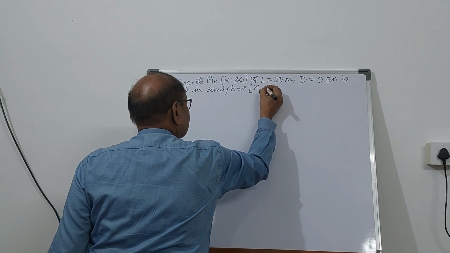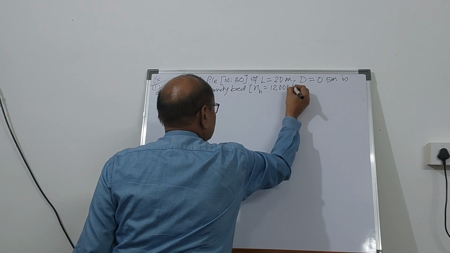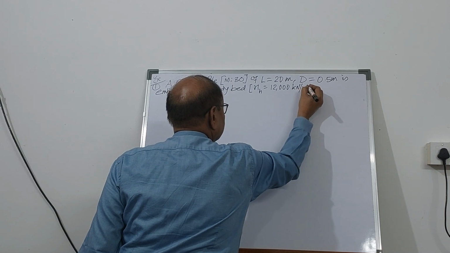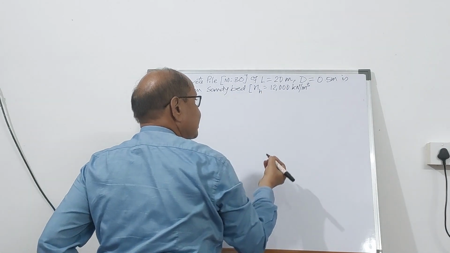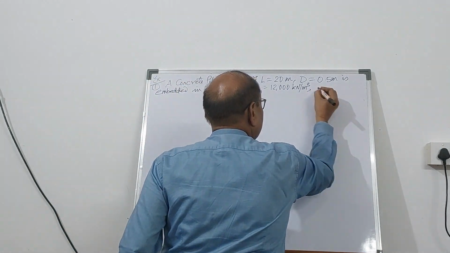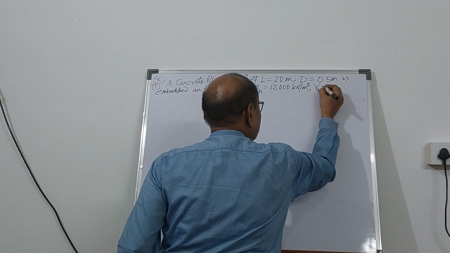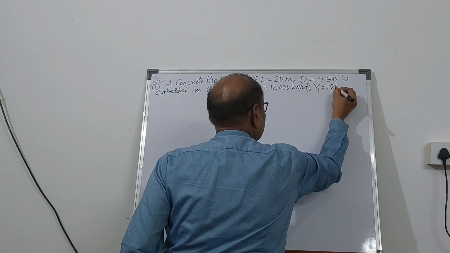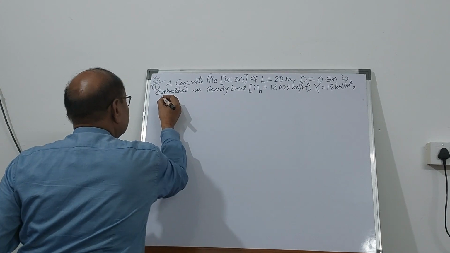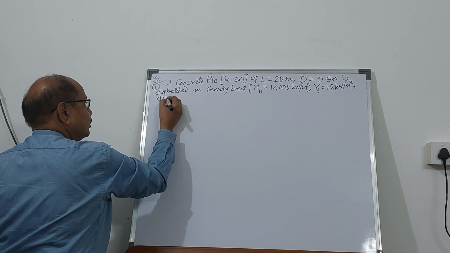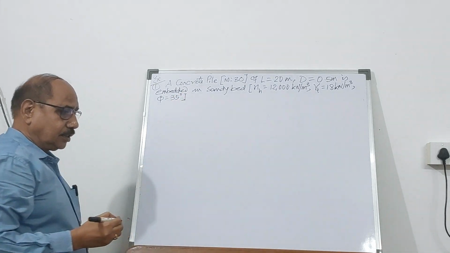NH equal to 12,000 kilonewton per meter cube, that is the modulus of horizontal subgrade reaction, and the total unit weight is 18 kilonewton per cubic meter, and the value of phi, angle of internal friction, is 35 degree.